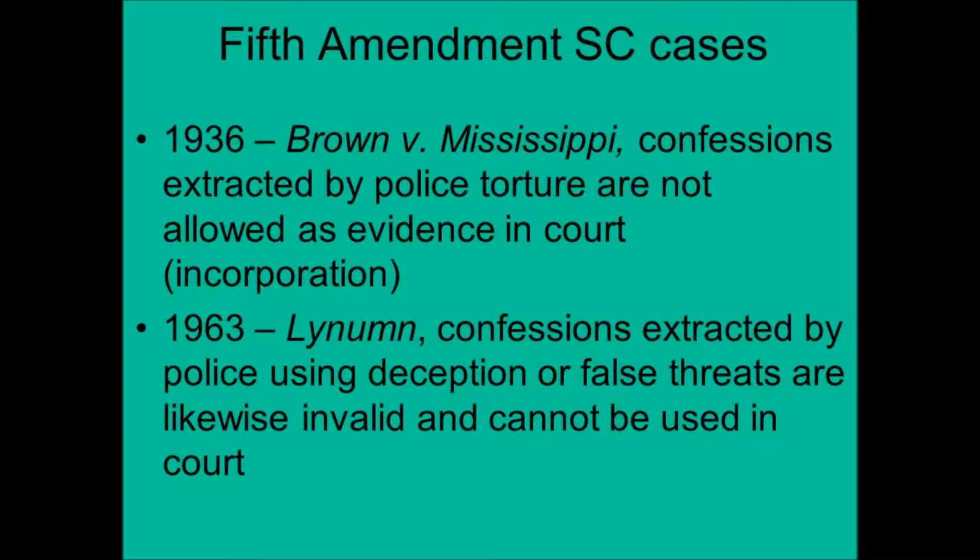And when their appeal reached the Supreme Court, it said, well, obviously you can't do that. Notice that it was a state crime in a state court, so this would be evidence, again, of something called incorporation. In 1963, kind of a variation on the issue came up in the Lynumn case.